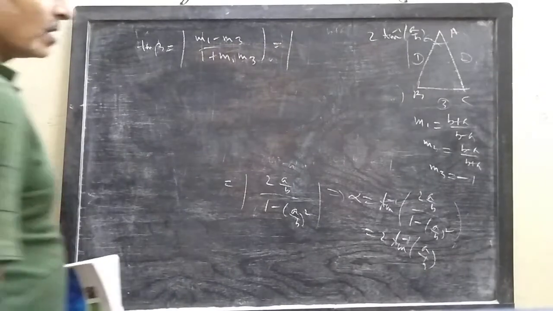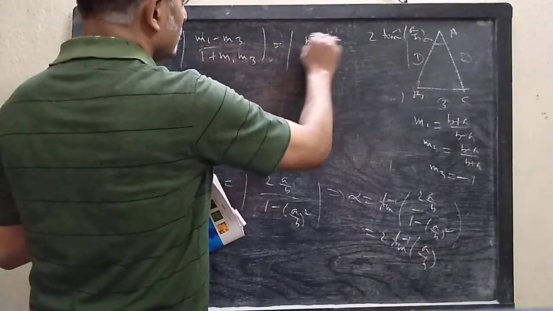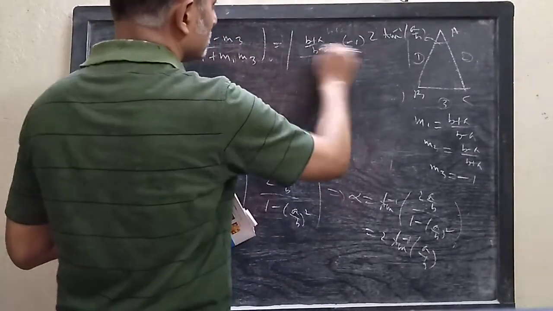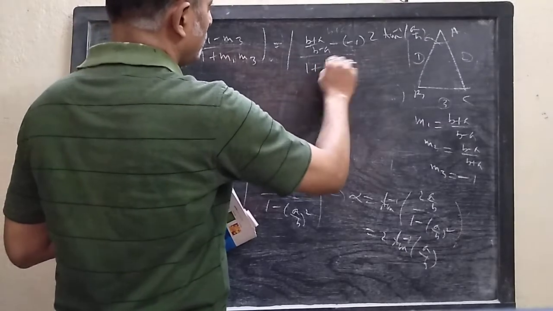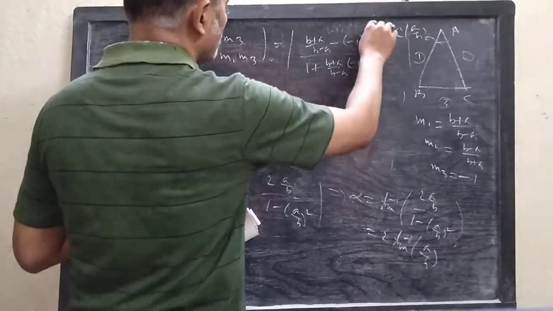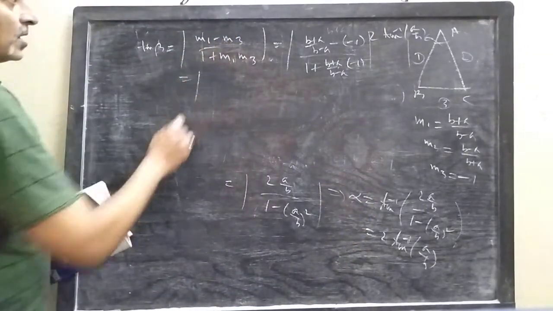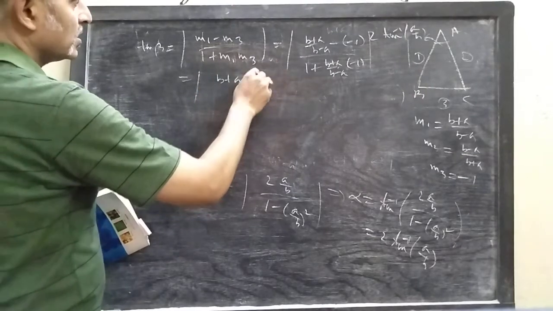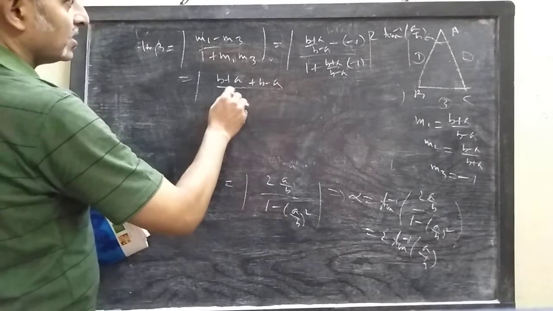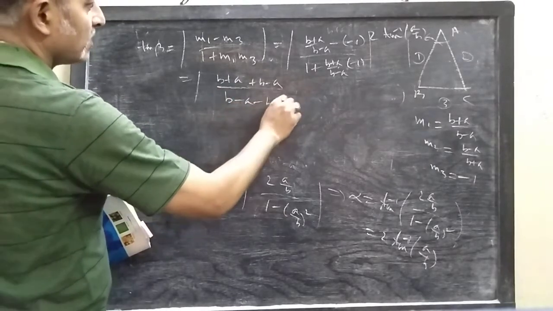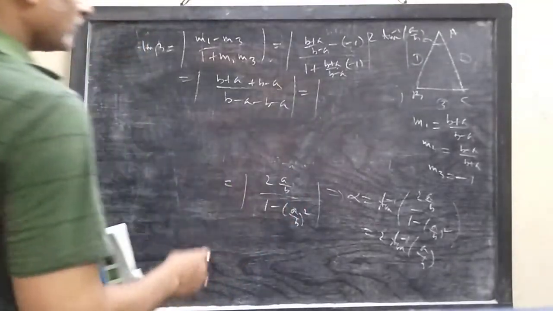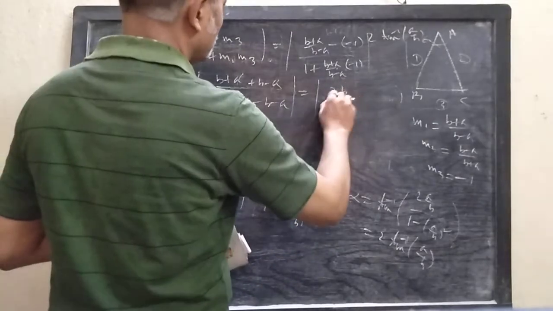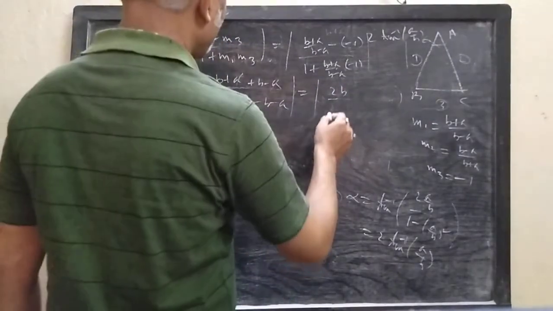This will be (b plus a)/(b minus a) minus m3, which is minus 1, divided by 1 plus (b plus a)/(b minus a) into minus 1. Multiply both numerator and denominator by (b minus a); you get (b plus a plus b minus a) divided by (b minus a minus b minus a), that is 2b by minus 2a.